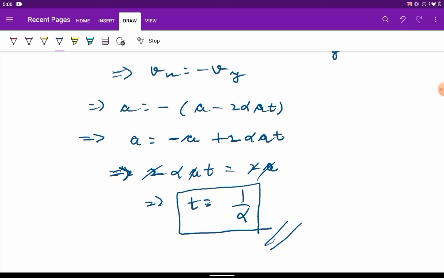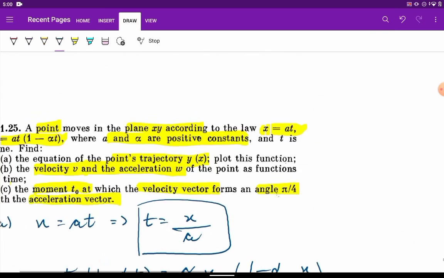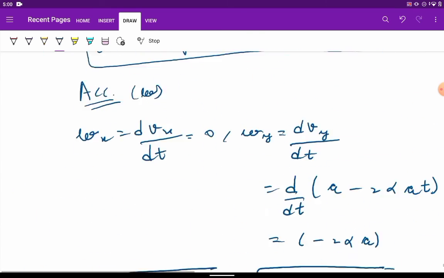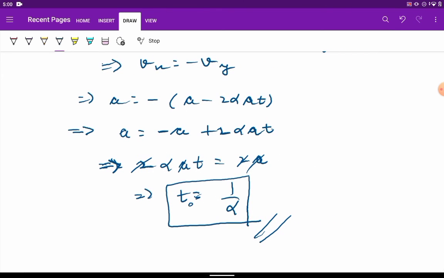This is your t naught, where the acceleration and velocity vectors are at an angle of pi by 4 or 45 degrees to each other. So that's that. Thank you.